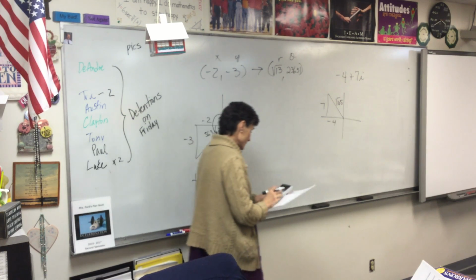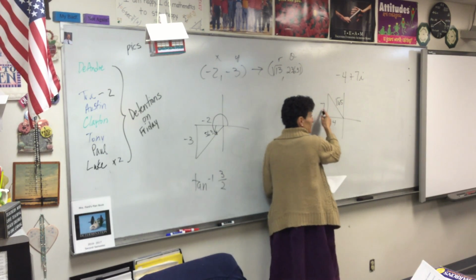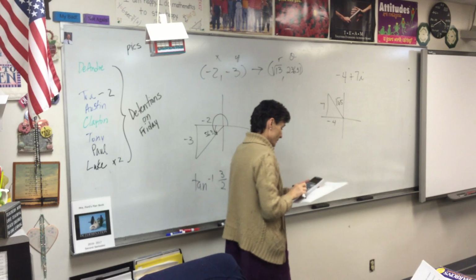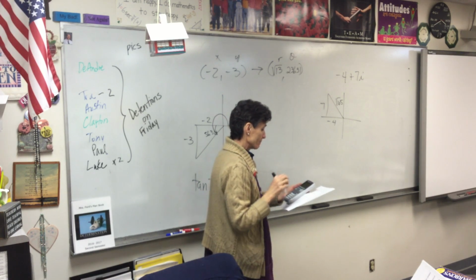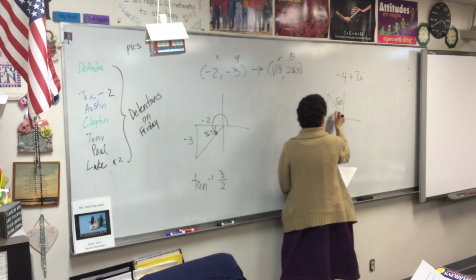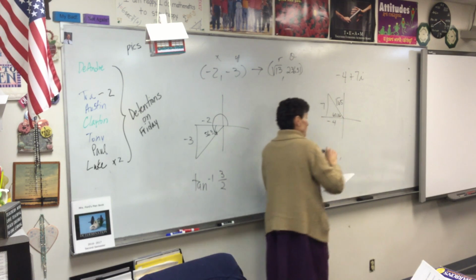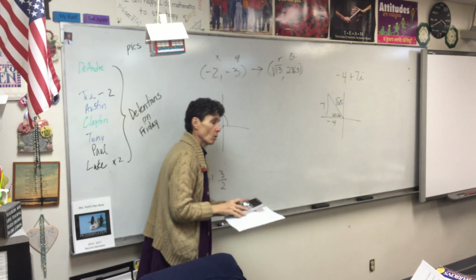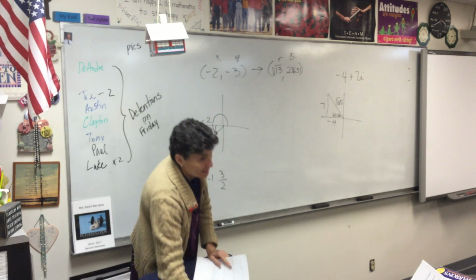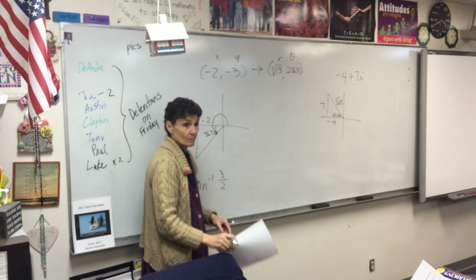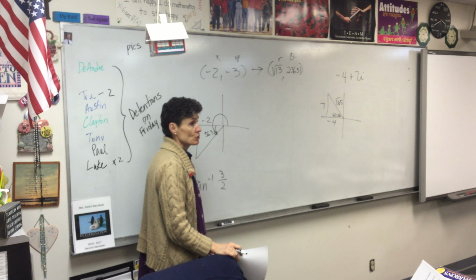I'm going to second tangent 7/4. Take or leave the negative, I never use it. So I got 60.26. Now make sure you're doing 7/4. It's opposite over adjacent. It's y over x, right? Second tangent.